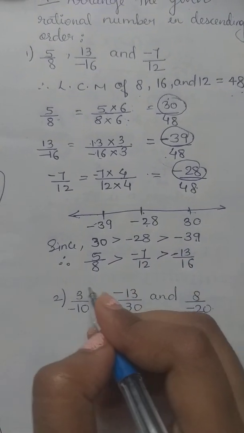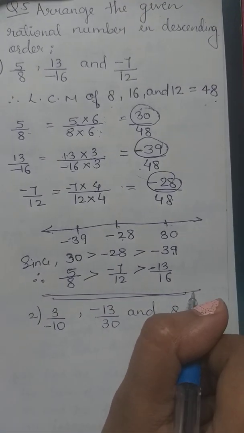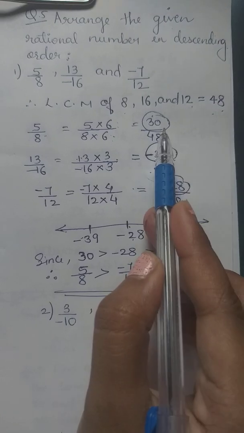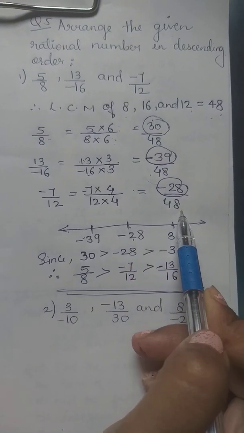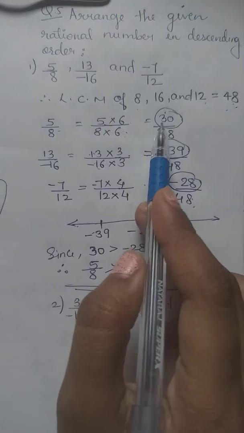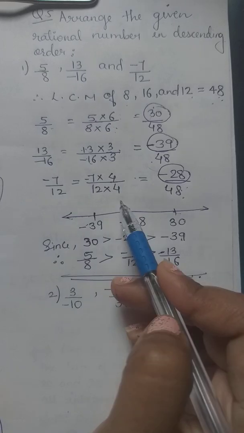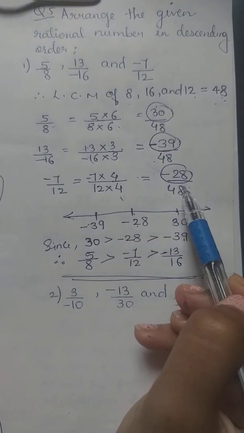Okay, so this is the descending order of the numbers. Very simple. Find the LCM, then make the denominators the same. Okay, means whatever LCM you got, the same number should be in the denominator by multiplying with the number. Okay, then arrange the numbers in descending order.